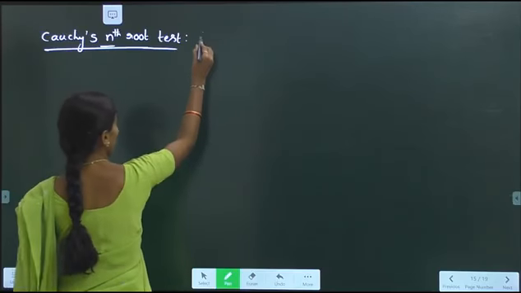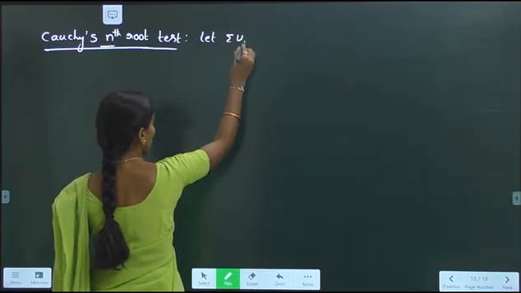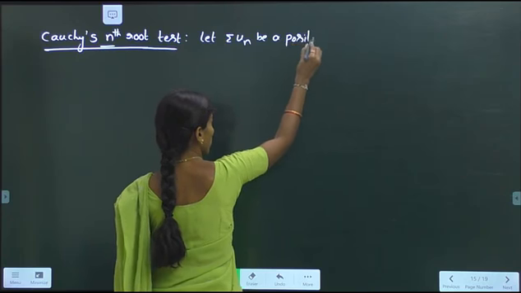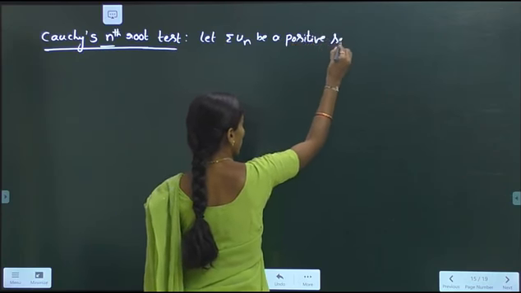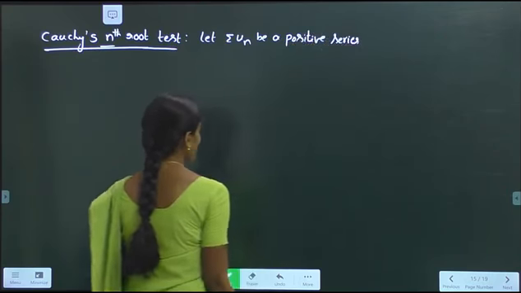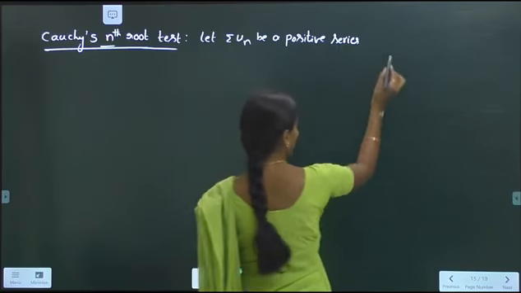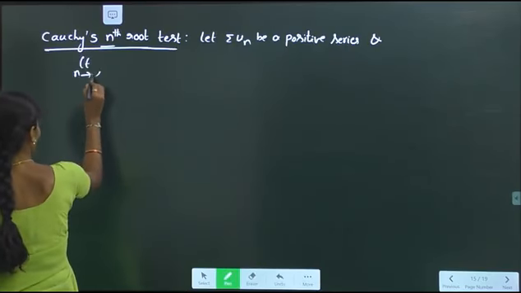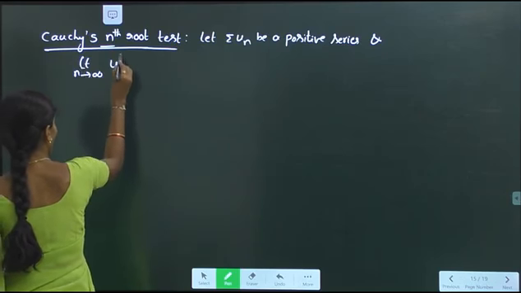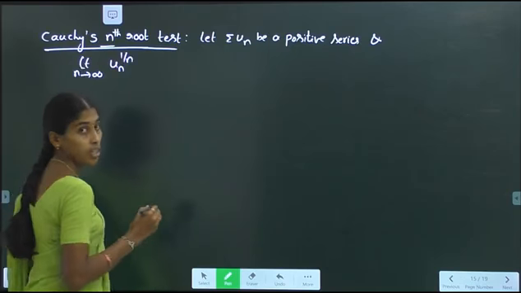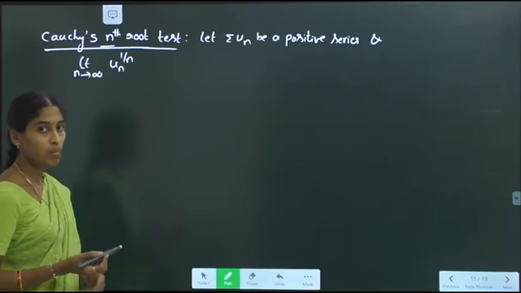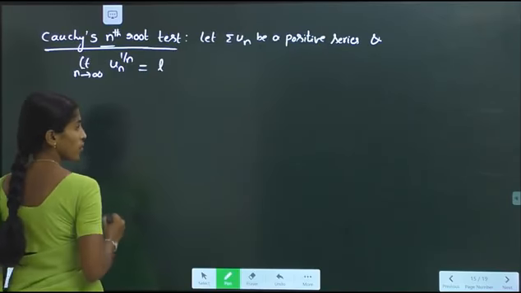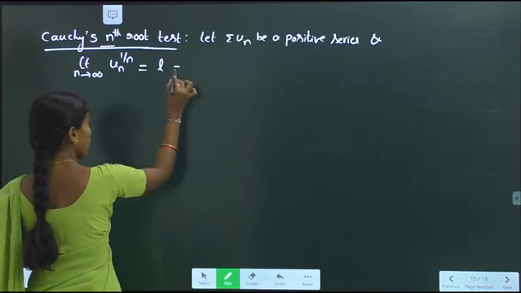The rule is, let sigma un be a positive series and limit n tends to infinity un to the power 1 by n, that means nth root of un, is equal to some L, a finite value.